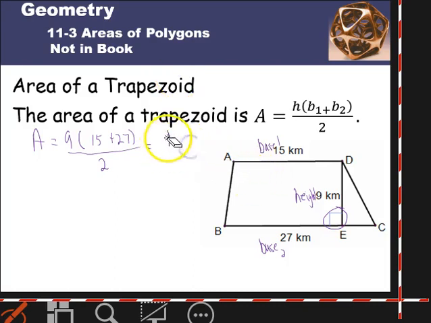So I get 9 times 42, divided by 2. Anyway, 9 times 42 is 378, and 378 divided by 2 is 189. So this would be 189 kilometers squared.